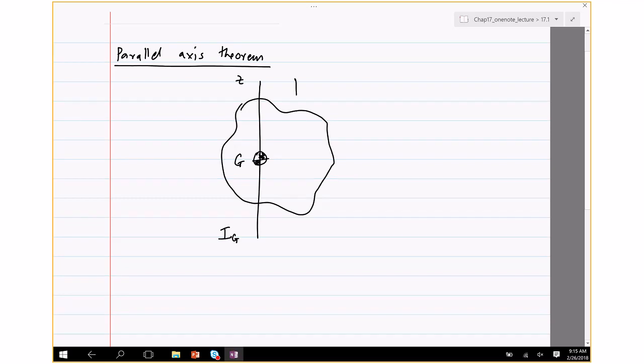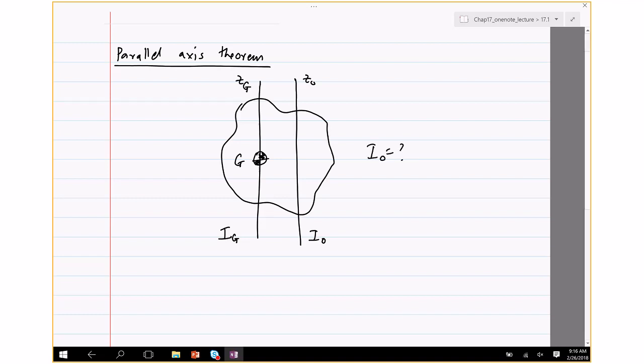Sometimes this particular body rotates about a different axis. Let me call this ZG. Let me call this axis ZO. So the inertia about an axis parallel to the previous axis is what you got to find.